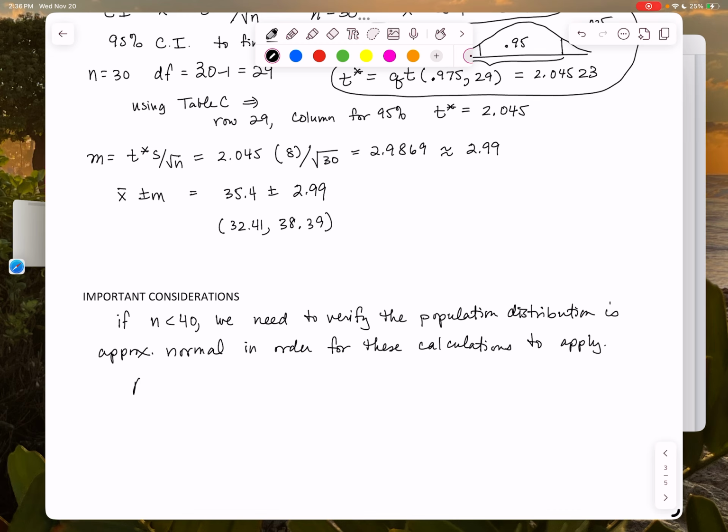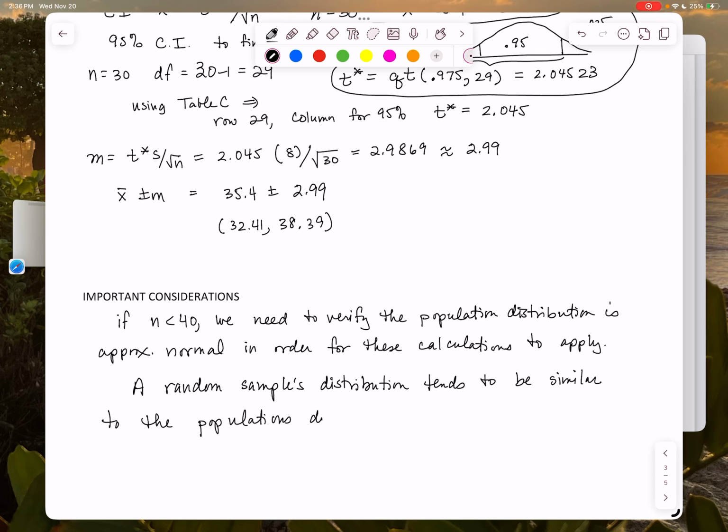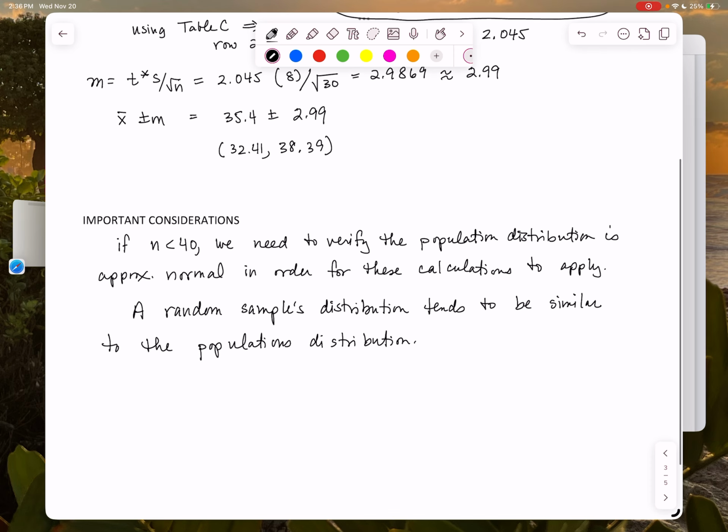And we're going to use the fact that a random sample distribution tends to be similar to the population's distribution. So when n is less than 30, we can look at the samples.